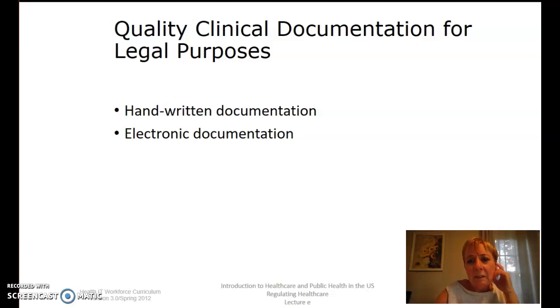Quality clinical documentation for legal purposes. Handwritten documentation is very difficult to read. For example, I remember one time when I was working in the field, we had a patient see a consultant for a condition, and they came back with a handwritten order for medication.